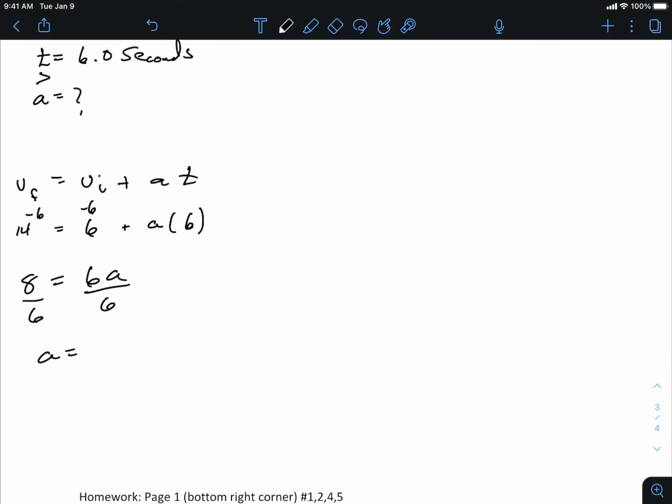A will equal, I actually need my calculator for this one because I don't have the solution in front of me. 8 divided by 6, that should be 1 point something. 1.3.